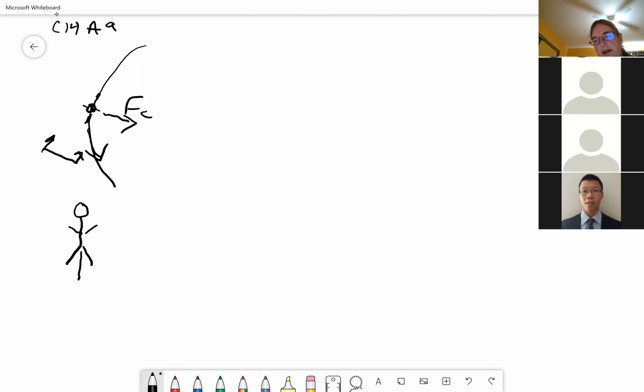So somebody's on a bike and they are going to need to have a force that is that direction. And the only place you can get that force is through friction in the tires. That is the source of this centripetal force. That's the only place we get it, right?